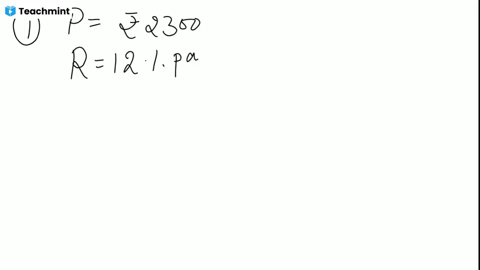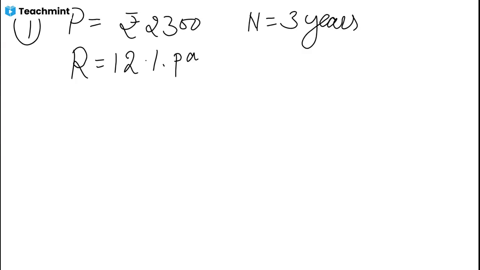And time is, he returned the amount with interest after 3 years. You can take either T or N. As your book is using N, you can use N also. So N is 3 years. Now you need to calculate the amount including the simple interest he had to pay.